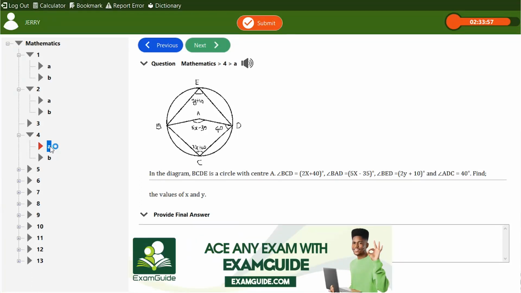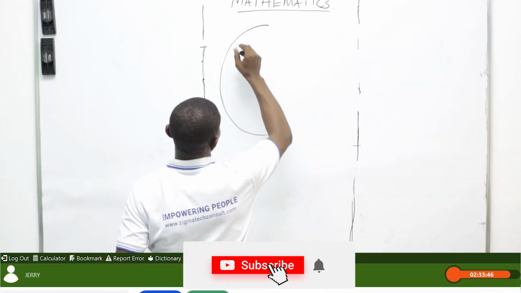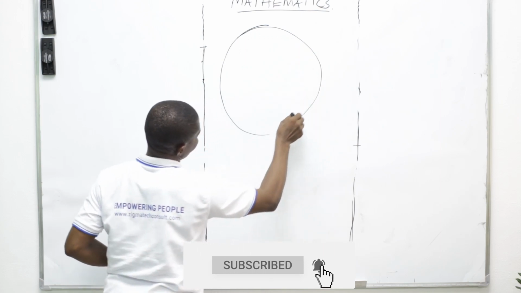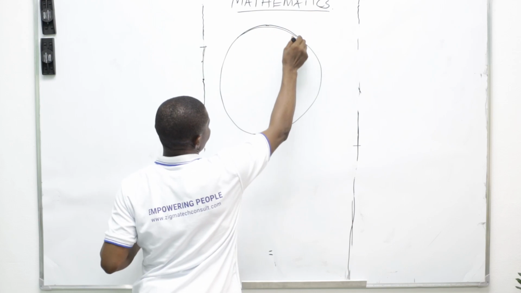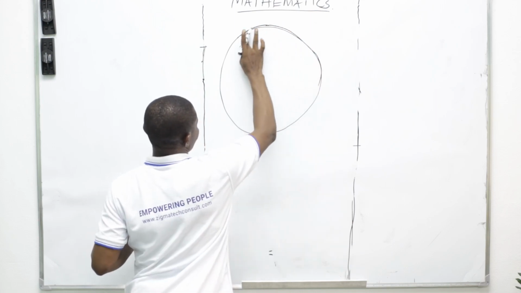Good. Here we have angle BED is giving us 2y plus 10 degree. Okay, let me draw this circle. So we'll have here, if you watch this diagram very well, you remember one theorem in circle geometry.